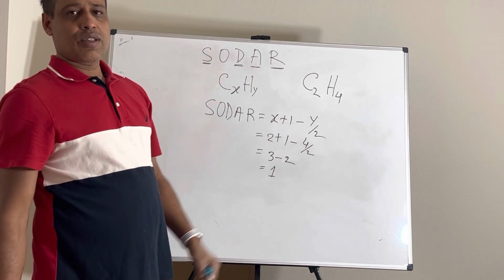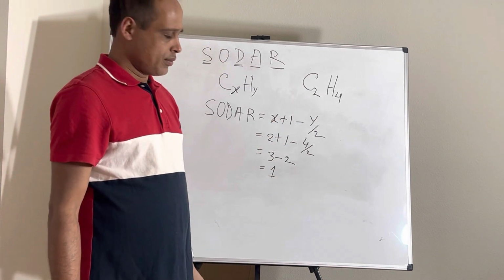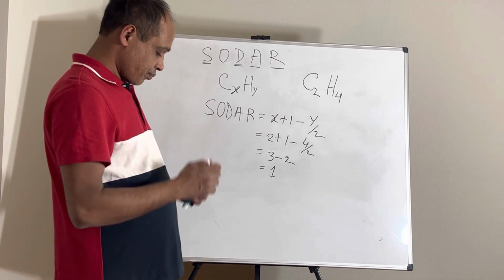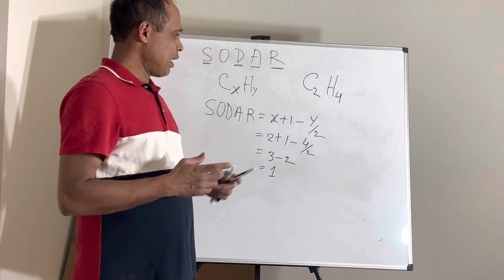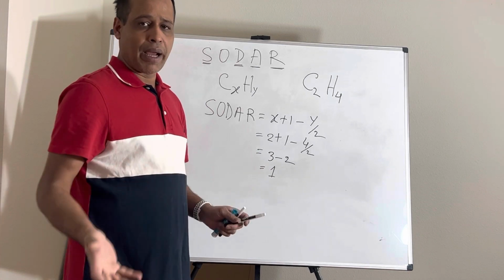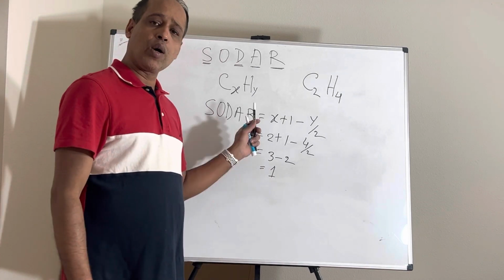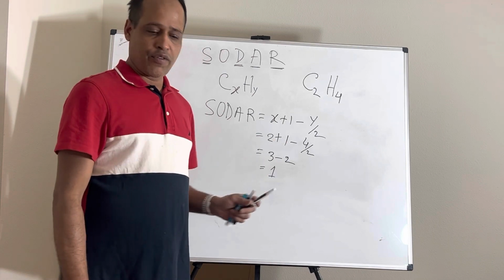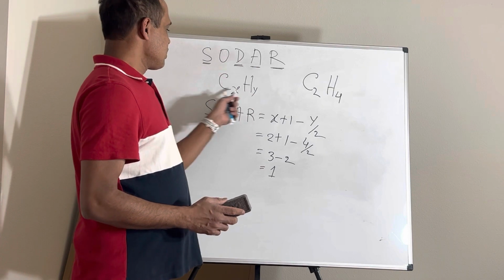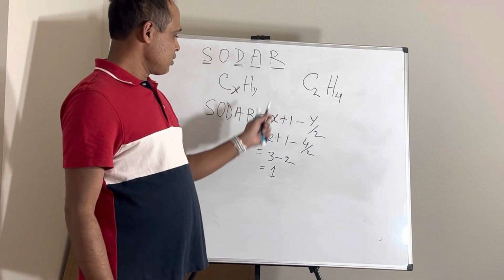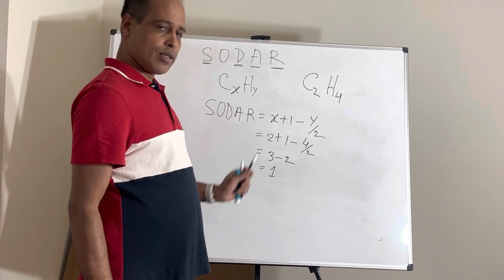So for this structure, the SODAR number is 1. What this number means, I will come back to. For now, just learn how to find the SODAR number for different kinds of molecules. So this is for a simple hydrocarbon, just the law is this, okay?